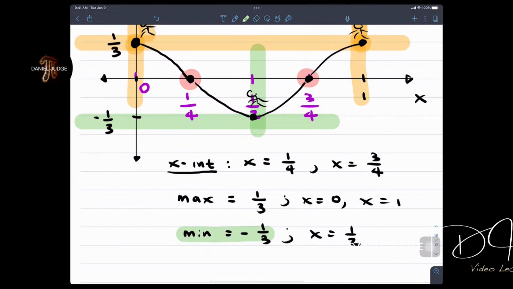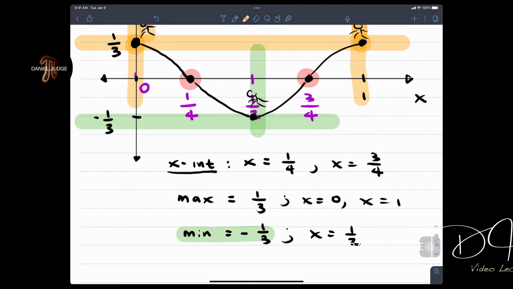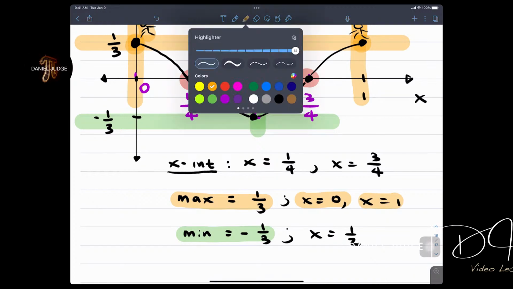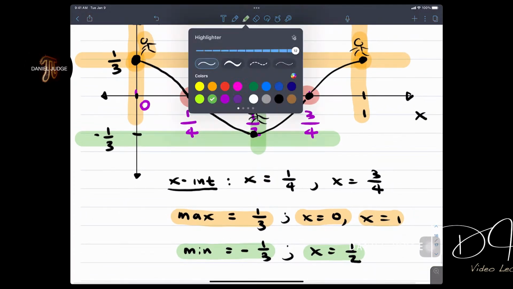Minimum value negative 1/3 happens when x is 1/2. Maximum value being positive 1/3 happens when x is 0 and x is 1. And then you've got the x-intercepts.